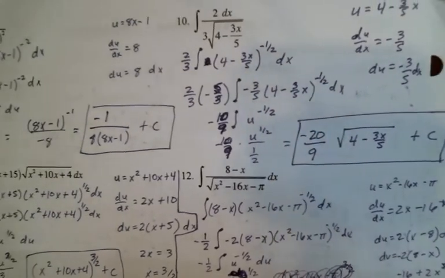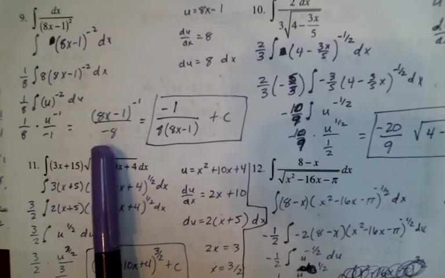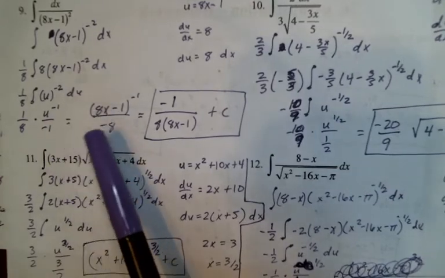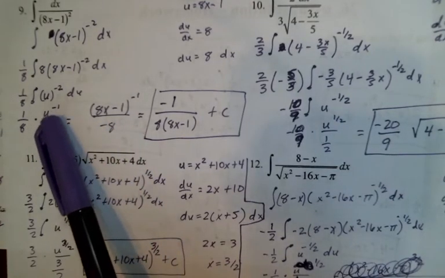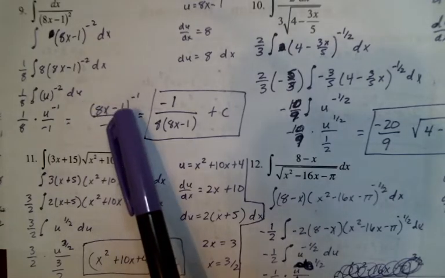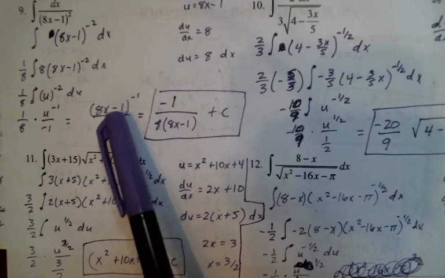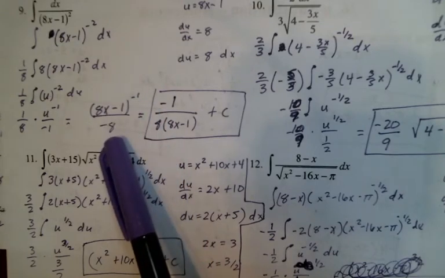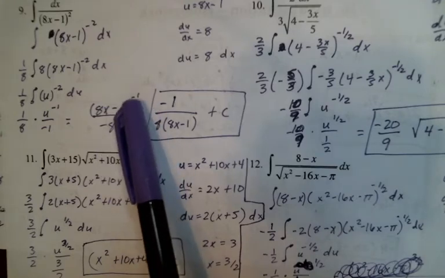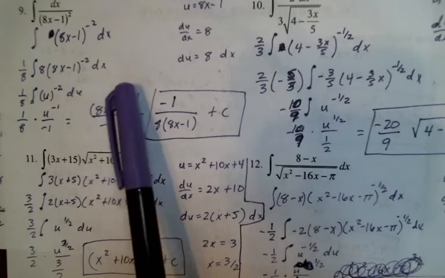For number 9, Carter said, can you explain why it's not over -8? So Carter, 8x, so we got u to the -1 here, and then we plugged in u, but you never want to keep an answer with a negative exponent. So flip that down. You with me? Flip that down. And then I just moved the negative to the numerator.